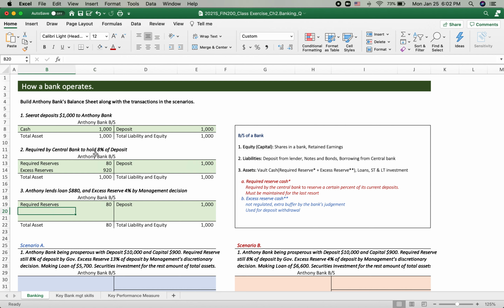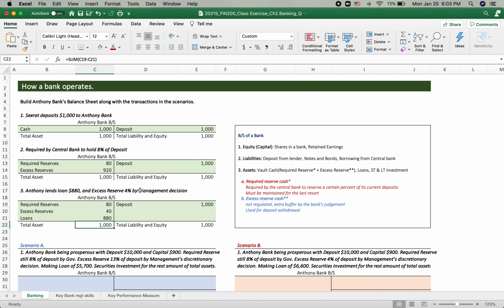If the central bank sets the deposit percentage at 8%, then excess reserve is 4% times 1,000. And then making loans is 880. So we have the $1,000 balanced out between asset and liability and equity. Or you can just calculate by plugging in like this, the same result anyway.